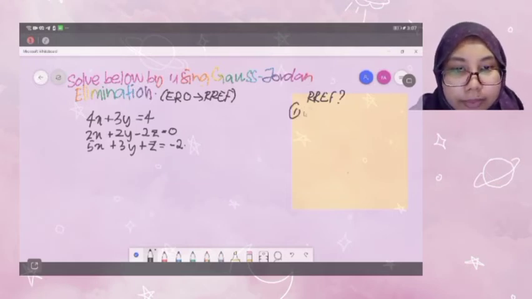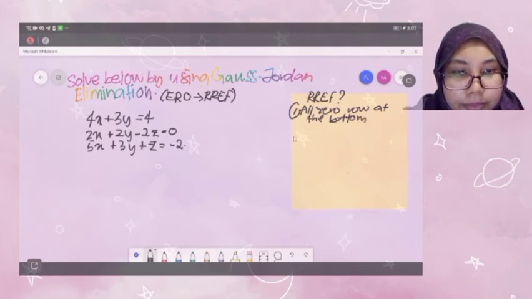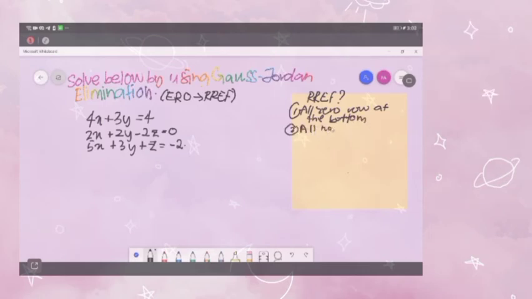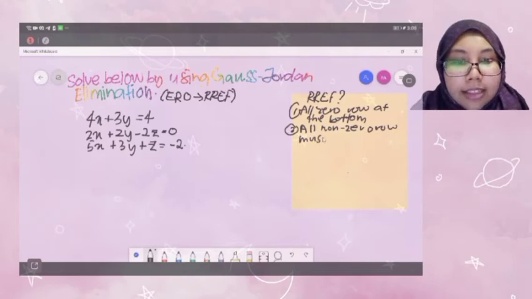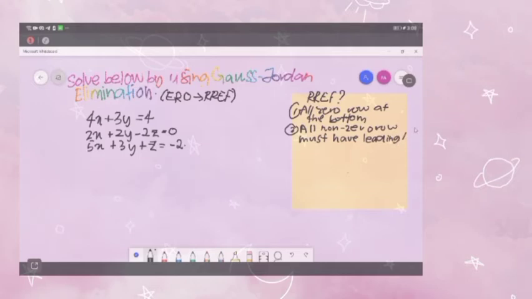First, for RREF, all zero rows must be at the bottom. Second, all non-zero rows must have a leading one.